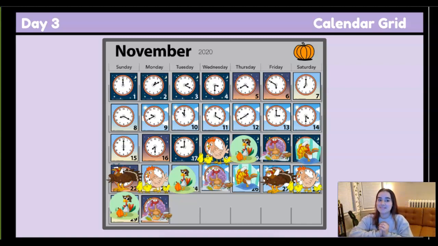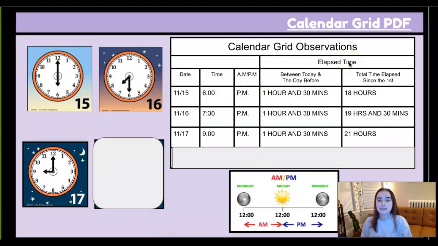All right? All right, today is November 18th, 2020. We're going to try and predict what the time will be for today's card based on our elapsed time pattern. On the 14th, we noticed that the pattern changed from an hour and 20 minutes to an hour and 30 minutes.